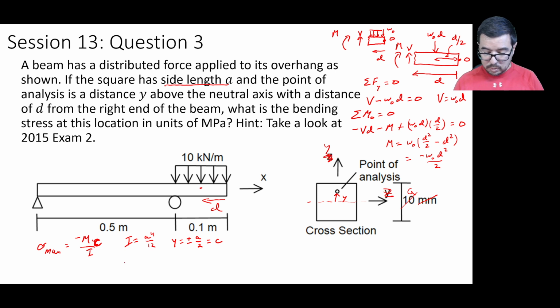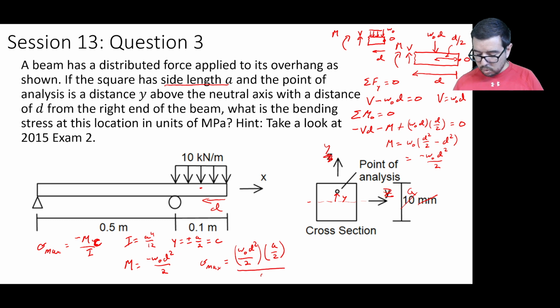M is going to be minus w naught d squared over 2. Okay, so with this, we can write out that the sigma max is going to be equal to w naught d squared over 2 times the a over 2, all over a to the 4th divided by 12.